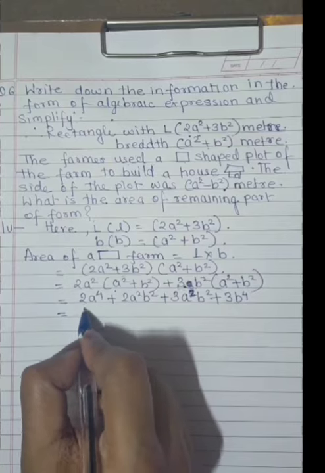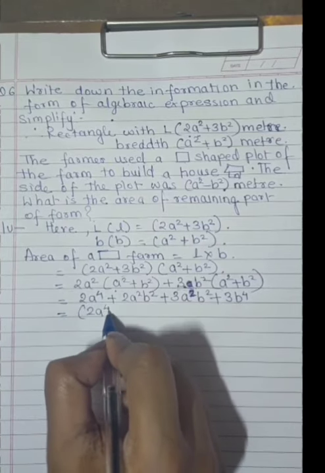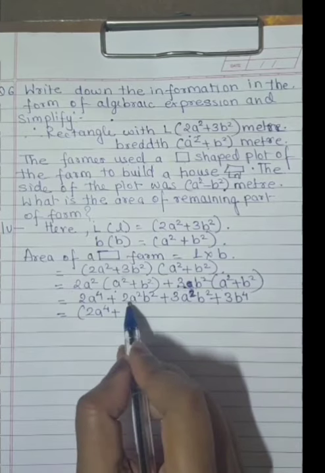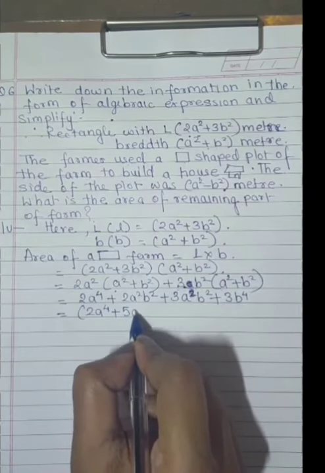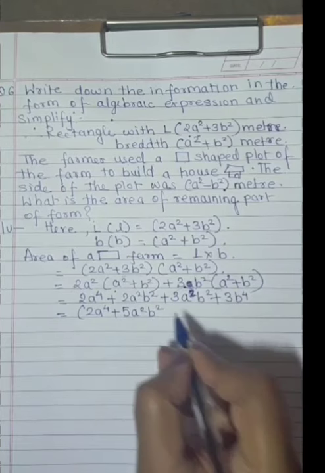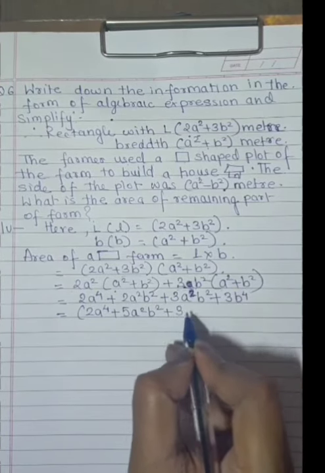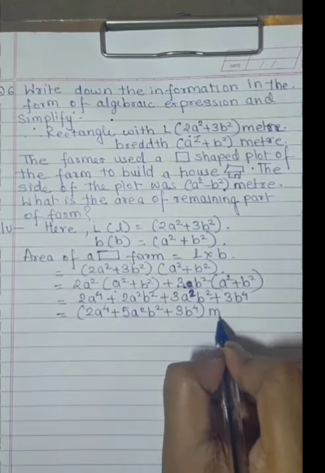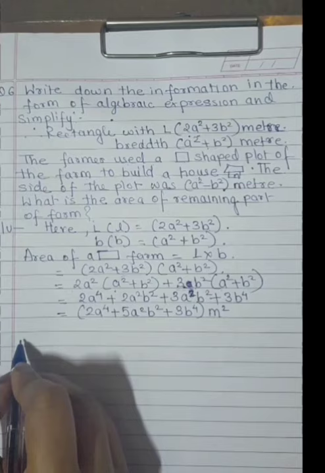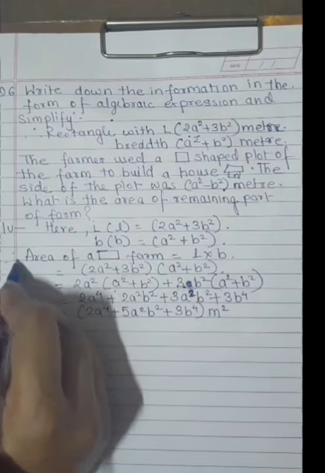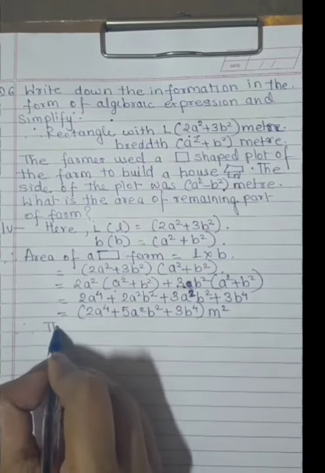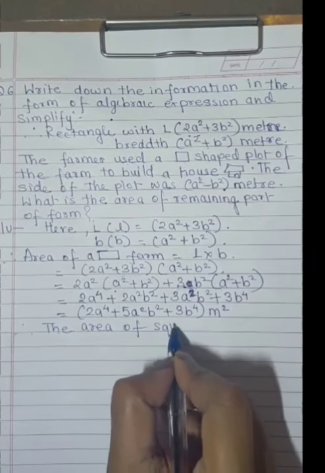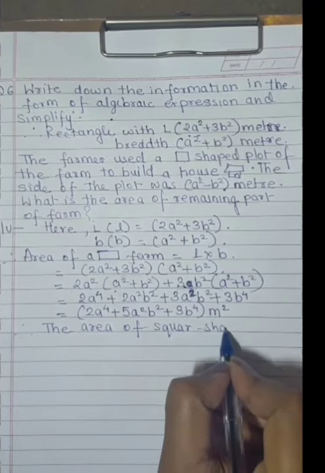So I am writing here 2a to the power 4 plus, this both will get added, then we will get 5a square b square plus 3b to the power 4 meter square. Now again the next step will be, therefore the area of the square shaped plot.